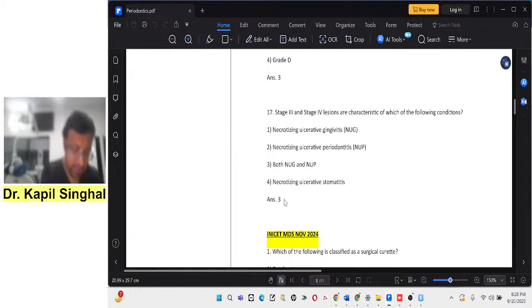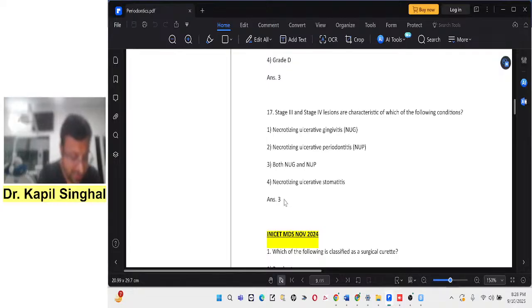In stage 2, necrosis of the entire interdental papilla. Stage 3, necrosis of marginal gingiva. 4, attached gingiva. 5, necrosis extending to buccal and labial mucosa. 6, necrosis exposing alveolar bone. And 7, necrosis of cheek and skin.